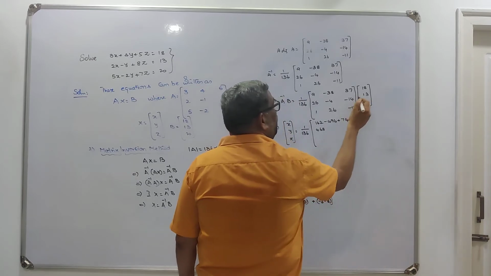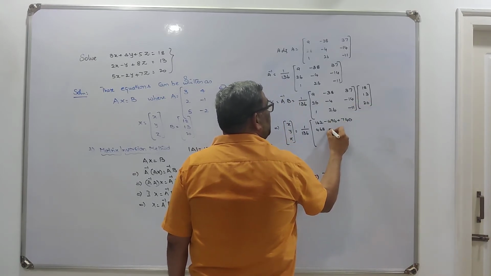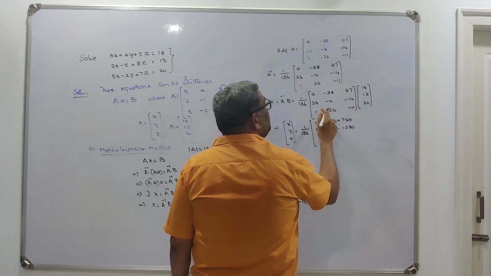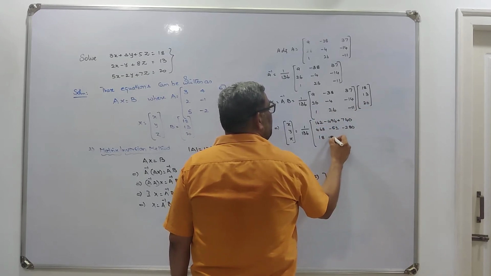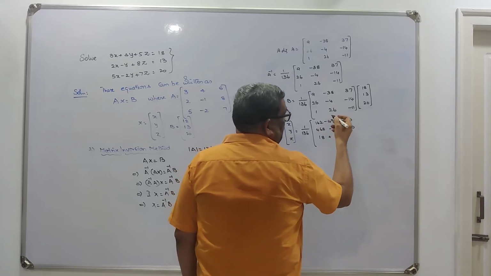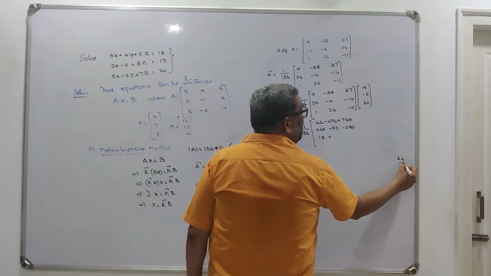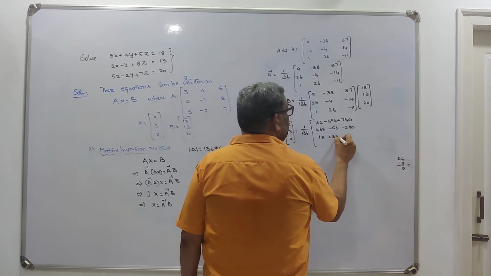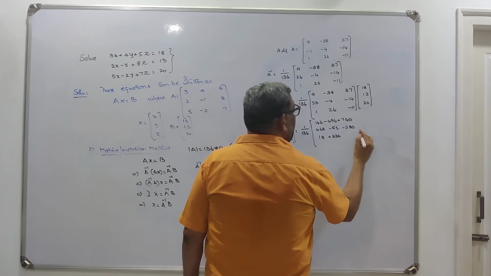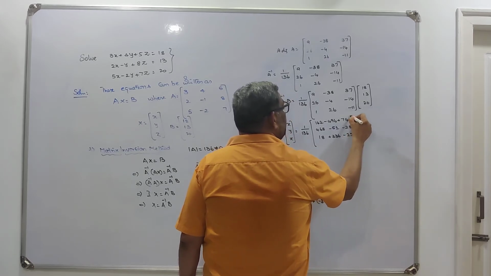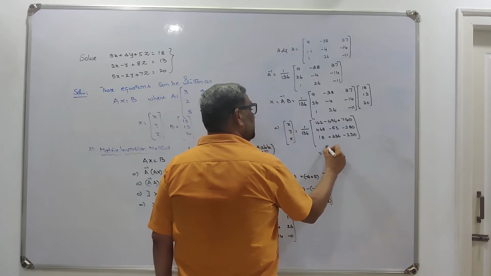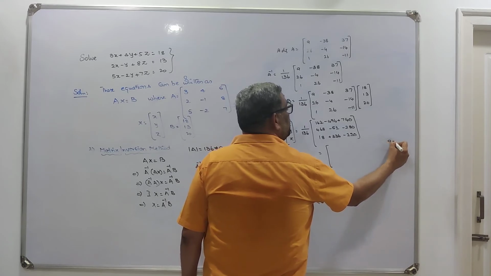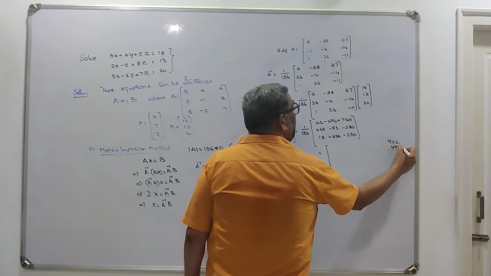Next, minus 4 into 13 is minus 52, and minus 14 into 20 is minus 280. And 26 into 13 is 338, and minus 220. That equals 162 plus 740 minus 494.